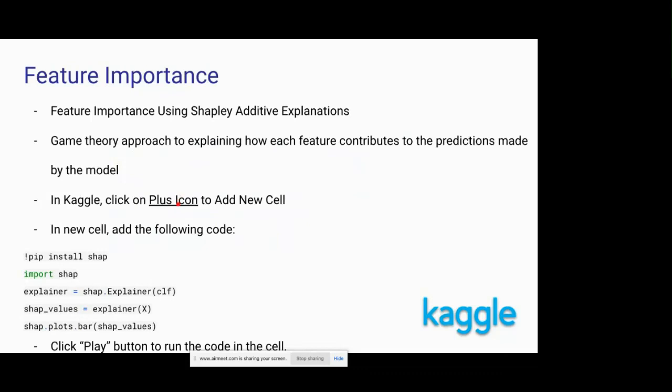So in Kaggle, click on the plus icon to add a new cell. In the new cell, you're going to add the following code. First, since this SHAP library is not in the Kaggle environment before, you're going to have to install it using this pip install command. Once that installs, you're going to import SHAP.